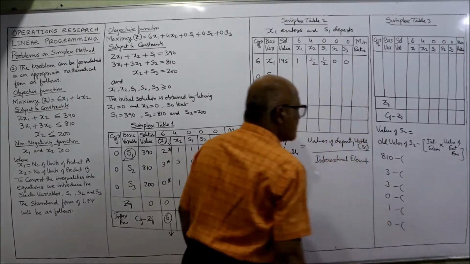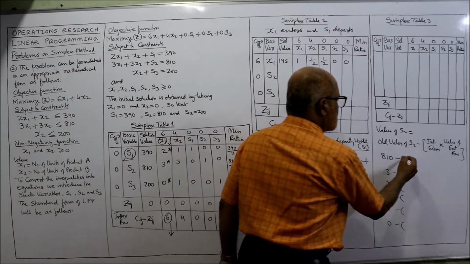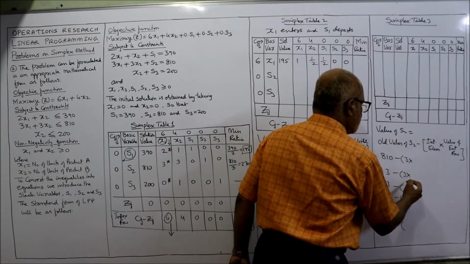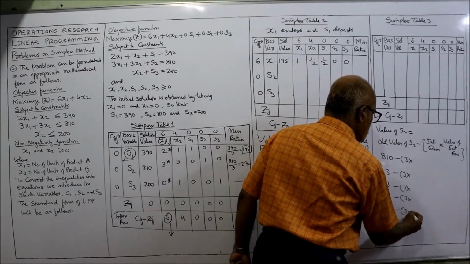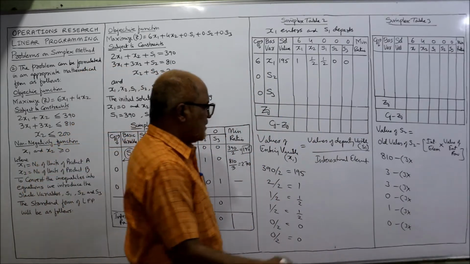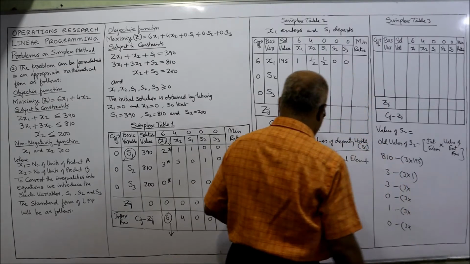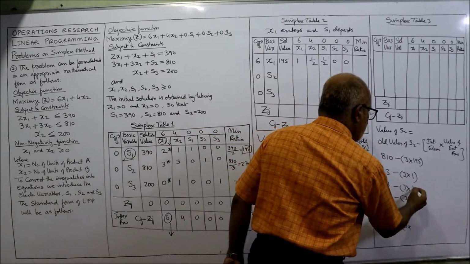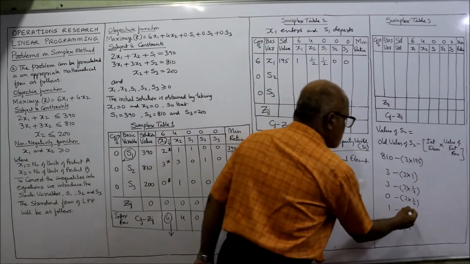What is the intersectional element of this S2? 3. So 3 into the values of the entering variable. The entering variable values are 195, 1, 1 by 2, 1 by 2, 0, 0.